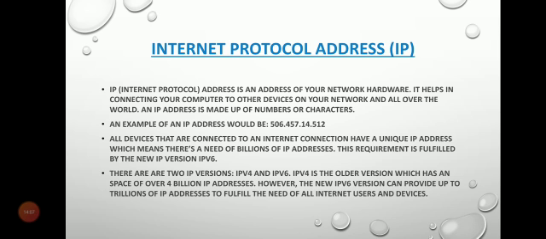A home computer is given an IP address when it connects to the internet. This is assigned by the ISP and is unique for that particular internet session. So dear students, the IP address can be used instead of typing in the full URL.